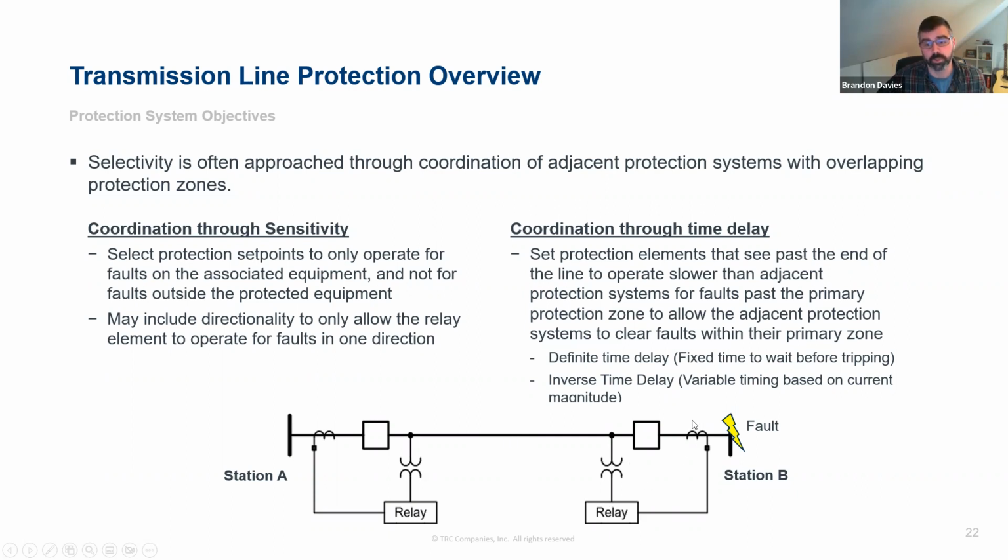The directionality makes it such that it's only going to operate for faults in the direction of the line, and it will not operate for faults behind it. So that's a couple methods that we can coordinate the protection systems using sensitivity. The other option, and it's usually a mixture of these two, is coordinating using a time delay. So we would delay operation of the relay here at station A.